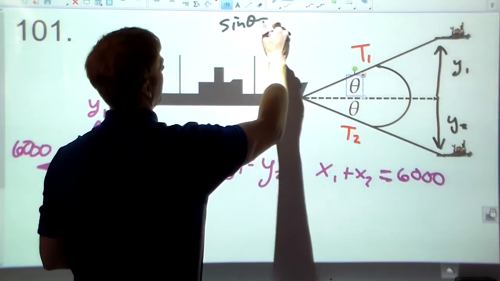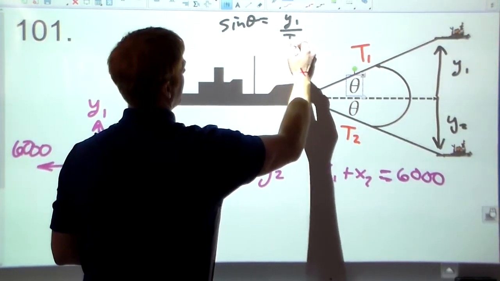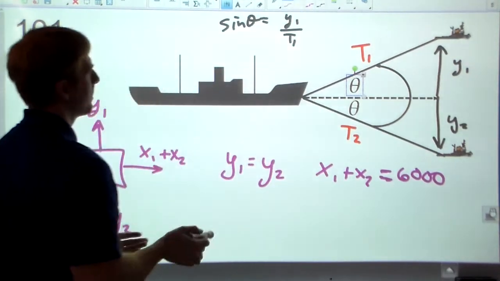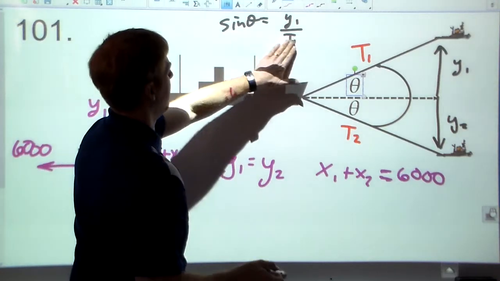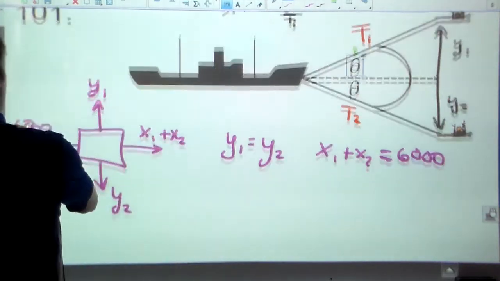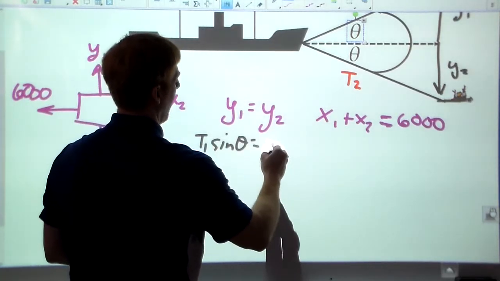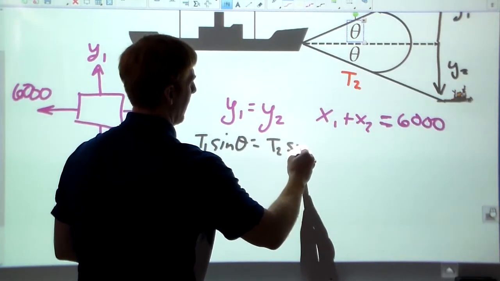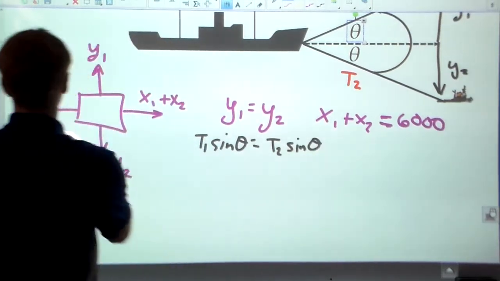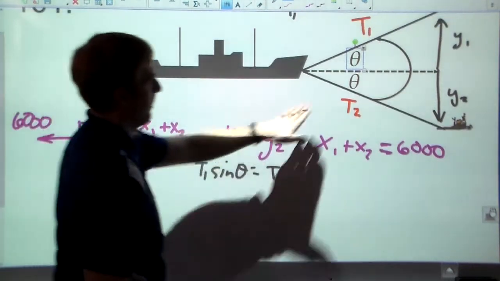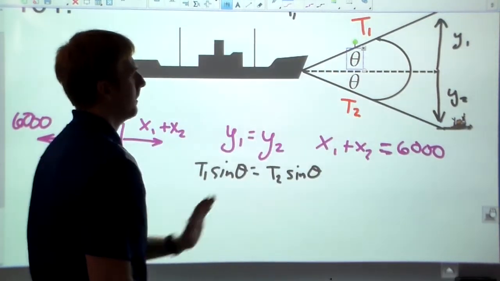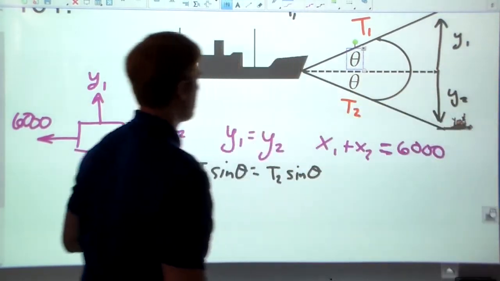Sine of theta would equal y1 over t1. So if I want to solve for y1, it would be t1 sine theta. So that's t1 sine theta. y2 is going to end up being t2 sine theta again, because relative to this angle theta, they're both the same angle. You've got y2 over t2.